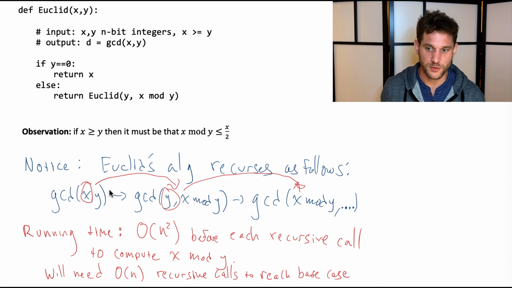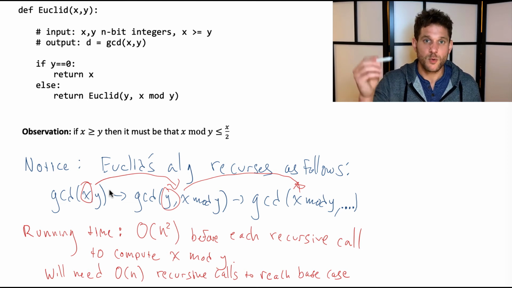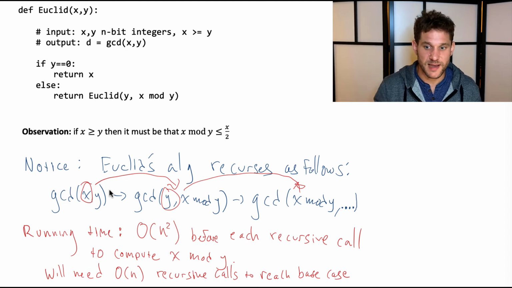Before each recursive step of this algorithm, we have to compute x mod y. Well, that requires dividing x by y and finding the remainder. That's an O of n squared algorithm. We might be able to improve upon that, but roughly speaking, an O of n squared algorithm is a decent upper bound. And then, to ensure that we reach a base case, we'll need to perform on the order of n recursive calls.